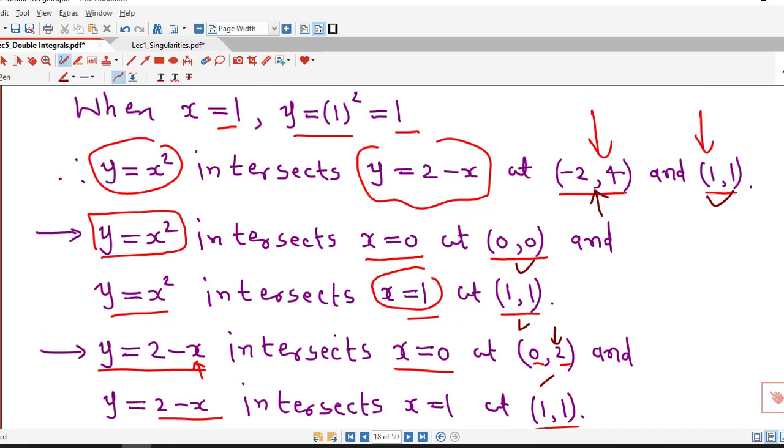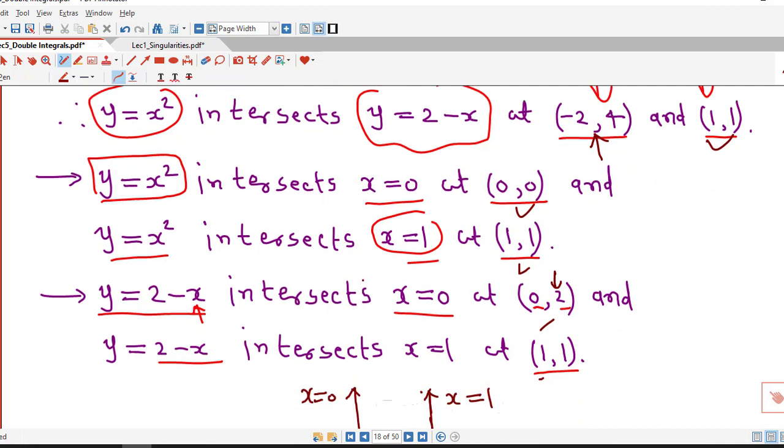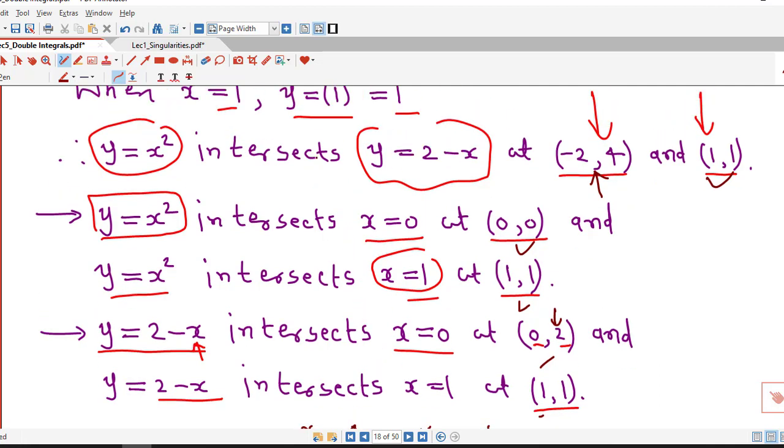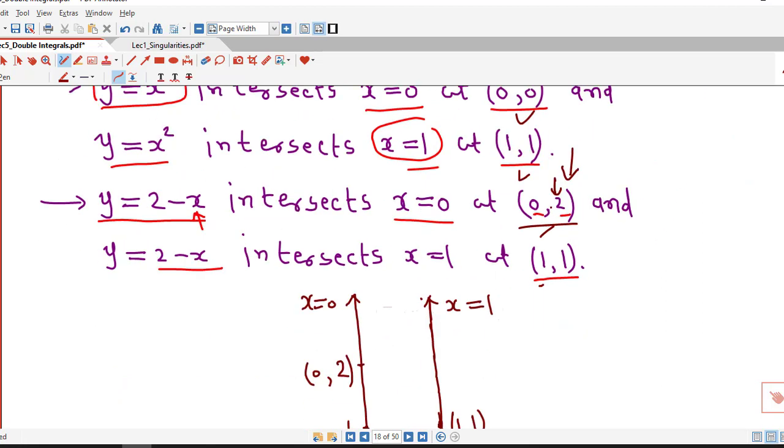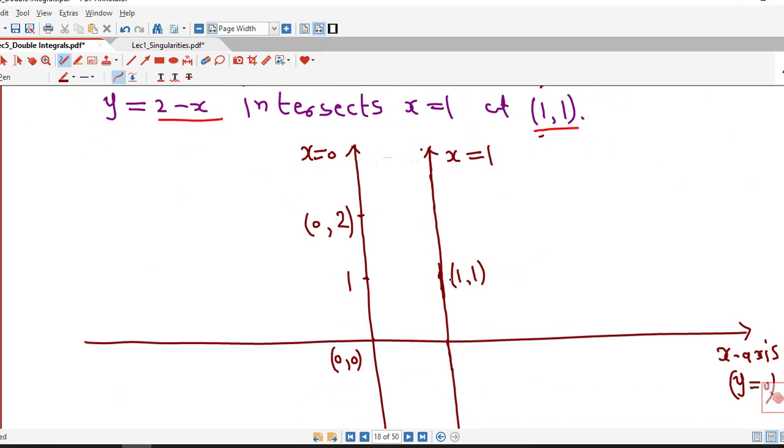Now first we sketch these two, x equal to 0 and x equal to 1, which are already sketched. Now we sketch the line y equal to 2 minus x. It is passing through 1 1, -2 4, and another point is 0 2. So this line is passing through 0 2 and 1 1. We can see this point is 1 1, this point is 0 2.